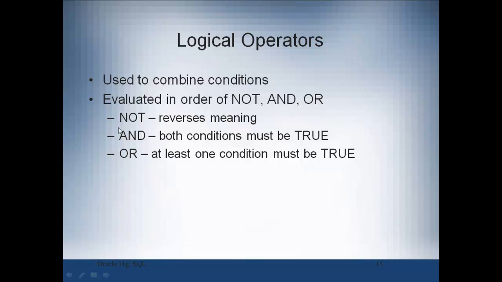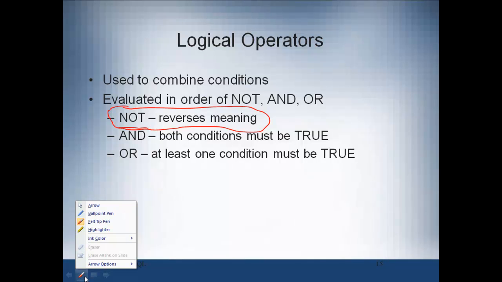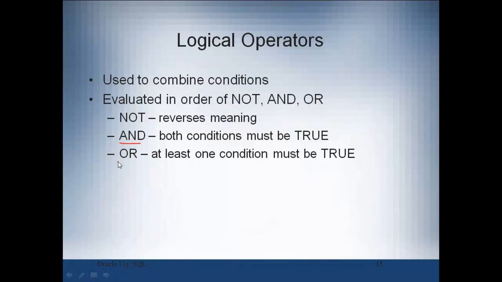If you use the not condition, it reverses the meaning of a condition. So this doesn't combine, this one is kind of misleading. It doesn't combine two conditions. It simply reverses the results of a condition. However, the and and the or logical operators are used to combine two conditions.